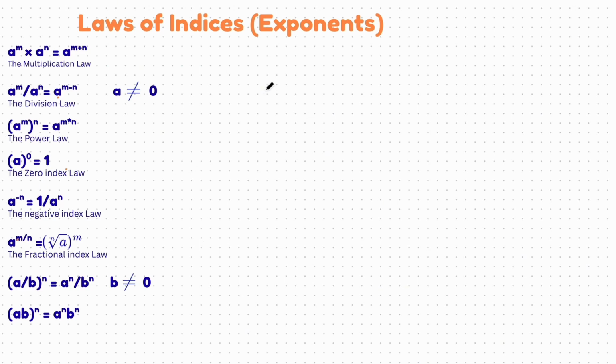So say you were given 3 times 6 raised to the power of 2. This is equal to 3 to the power of 2 times 6 to the power of 2.